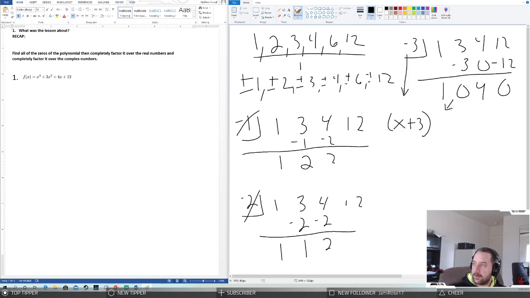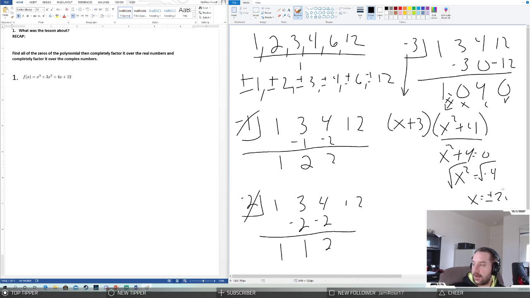And then this piece right here, remainder constant x squared, that gives me x squared plus 4. So now, this being x squared plus 4, I can set that equal to 0. Minus 4. Square root both sides, and I get x equals plus or minus 2i.